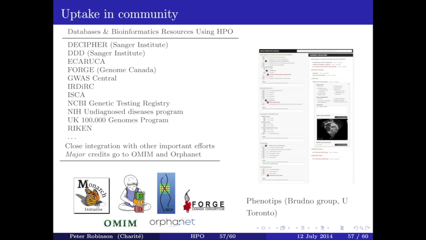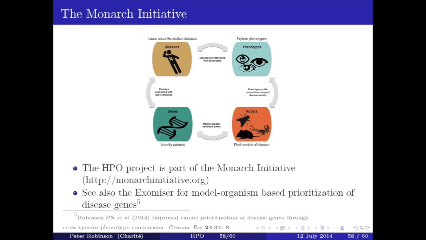If you're going to be doing a study where you're going to be capturing phenotype, this software from the Budno group, Phenotips, is really cool. You might want to take a look at that. Another thing I'd like to point out, sorry to abuse your patience, but we're part of the Monarch Initiative.